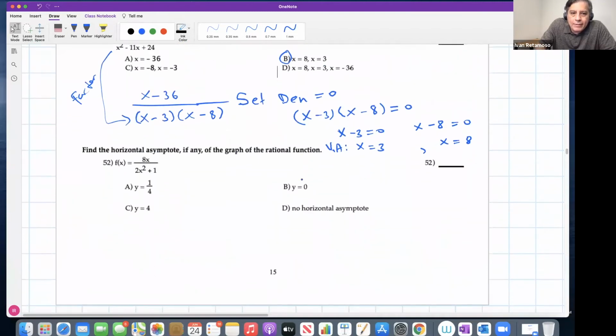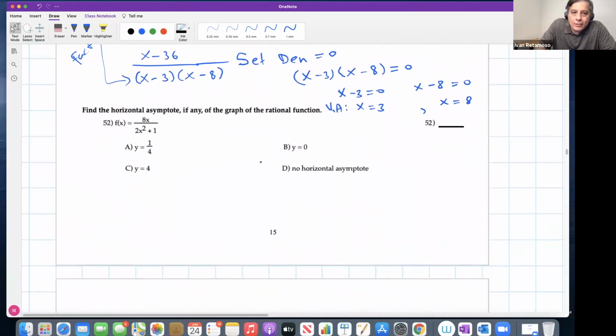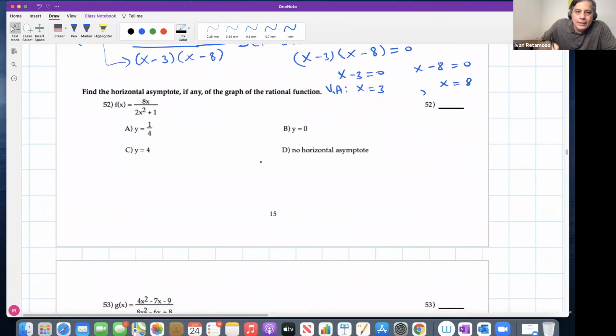Very good, guys. Now find horizontal asymptotes, no longer vertical asymptotes. For that, remember I explained in the lecture, you have to determine if the rational function is bottom heavy, equally heavy, or top heavy. This is clearly bottom heavy because of these two. And we said that for bottom heavy rational functions, the horizontal asymptote is just y equals 0, because this outruns this.